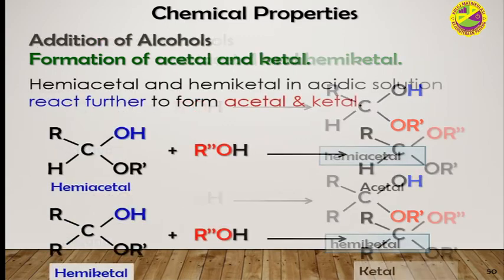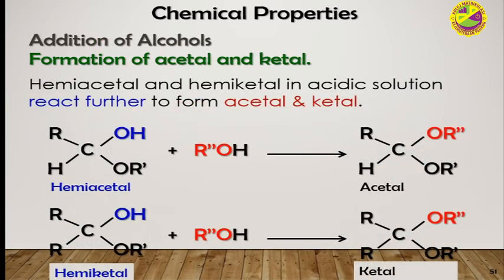Under further reactions, the hemiacetal from an aldehyde can react with another alcohol and form a compound called acetal. The OH from the hemiacetal is now being replaced with OR from the second alcohol.